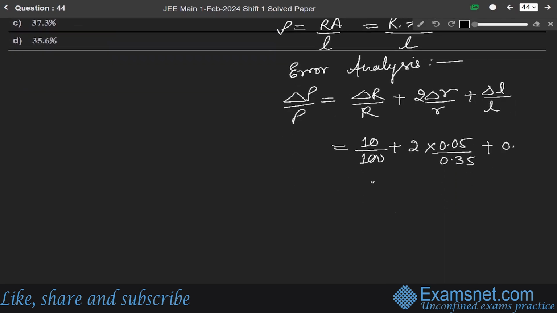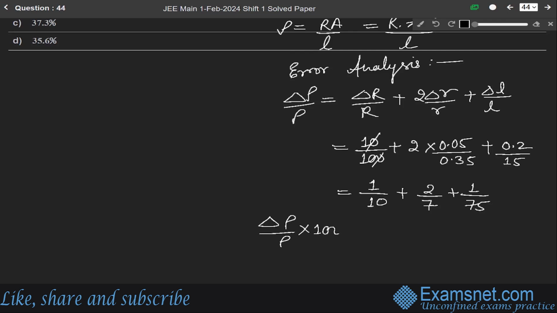Now solving it, 1 over 10 plus 2 over 7 plus 1 over 75. Since we have to find the percentage error, multiplying it with 100, we get 39.9%. This is our final answer.